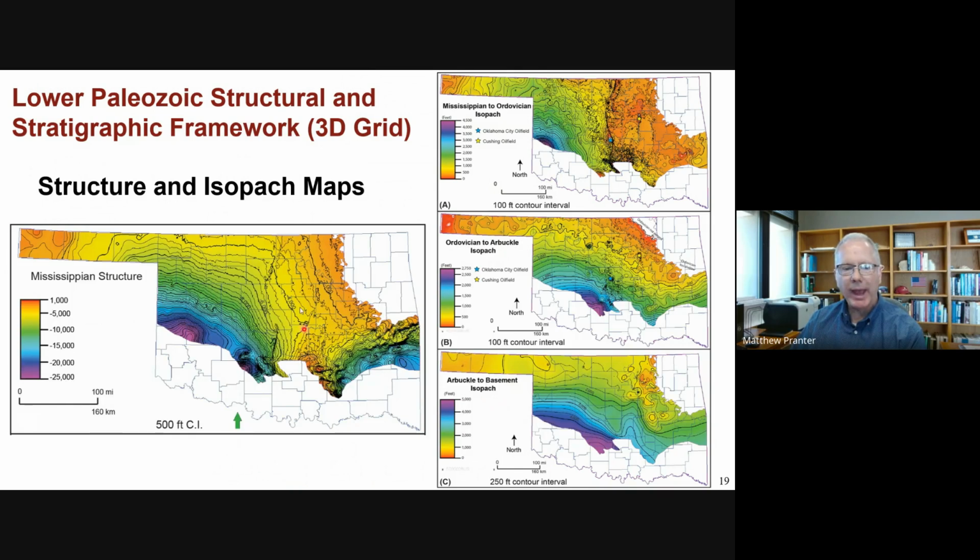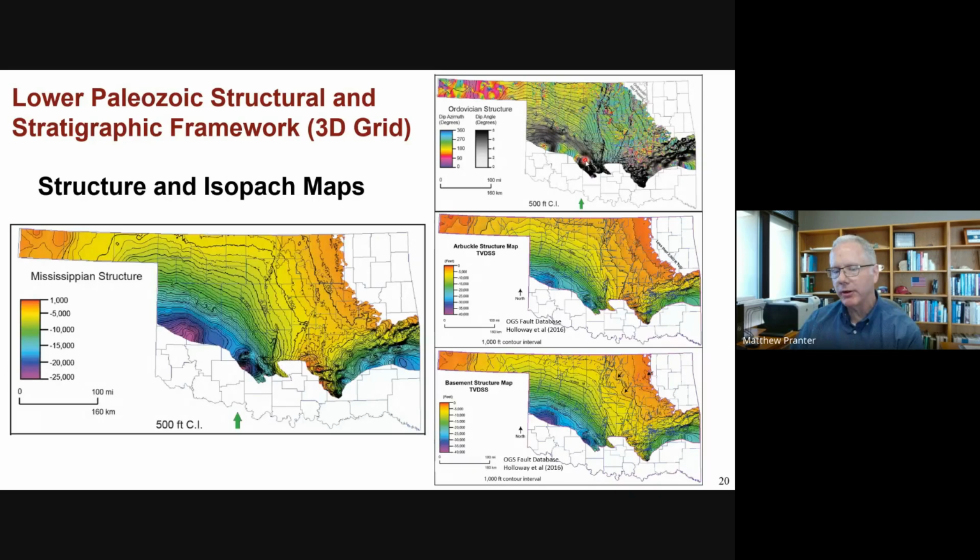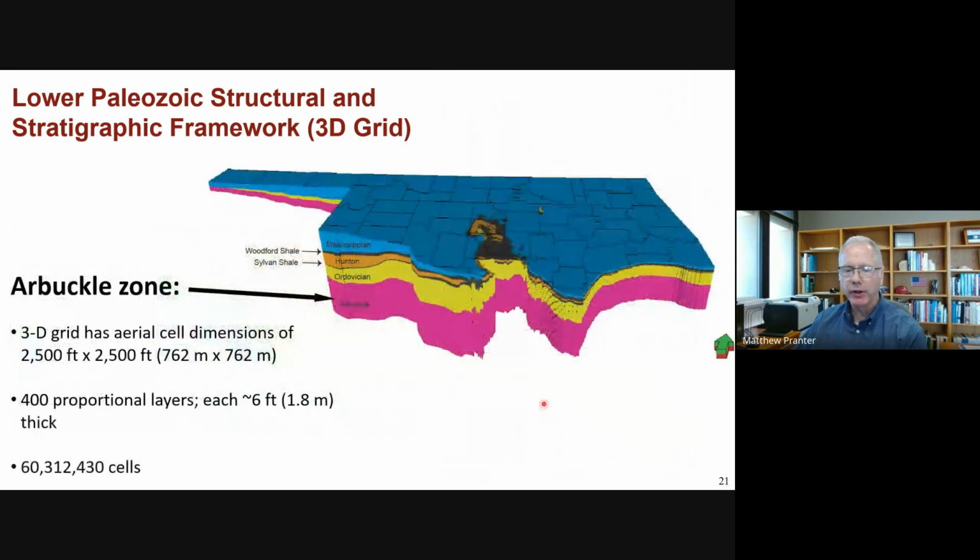And then we added to this Mississippian structure these different isopach maps to generate the Ordovician structure contour maps, the Arbuckle structure contour, and the basement. And then those were used, as I mentioned before, to create this three-dimensional stratigraphic and structural framework. This is basically the 3D grid for the state.